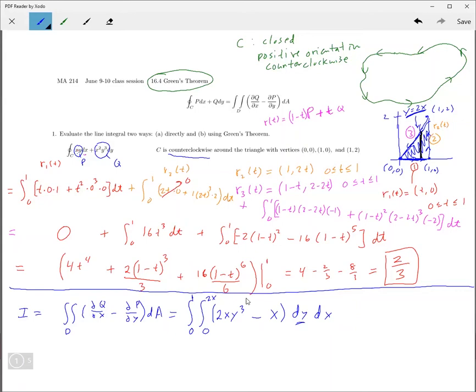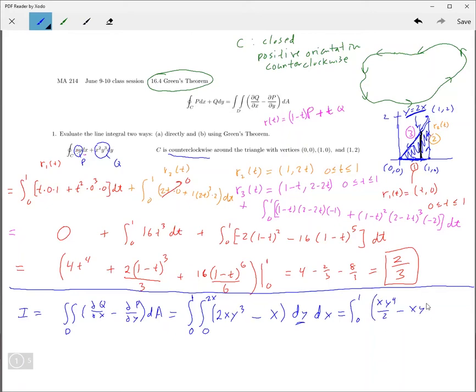Okay, so here's our integral that we need to find. Hopefully we have enough space for that. So now we can integrate in y, and this is going to be xy to the 4th over 2 minus xy.